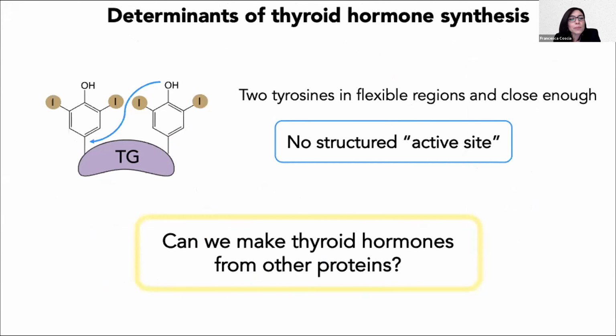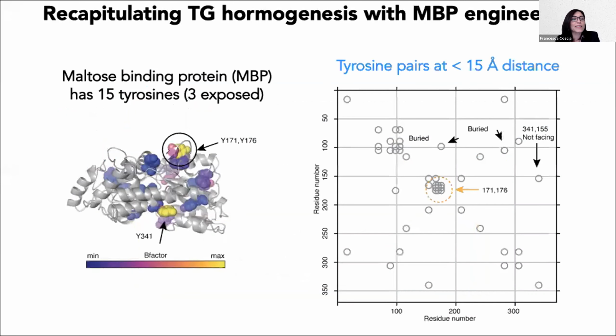But this also means that in principle, we could make thyroid hormones from any other protein that has 2 flexible tyrosines. To test this hypothesis, we considered another famous, well-known protein in the lab, the maltose binding protein, which is surprisingly rich in tyrosines. Most of them are buried, but some are exposed and can be engineered to test hormone synthesis.